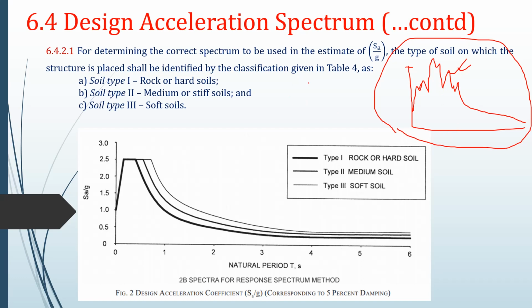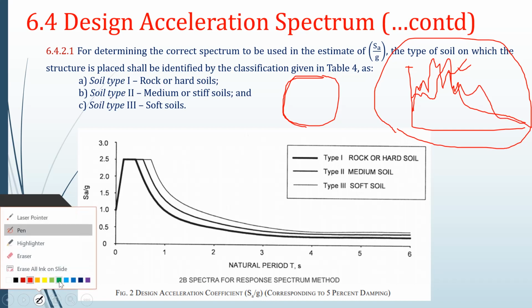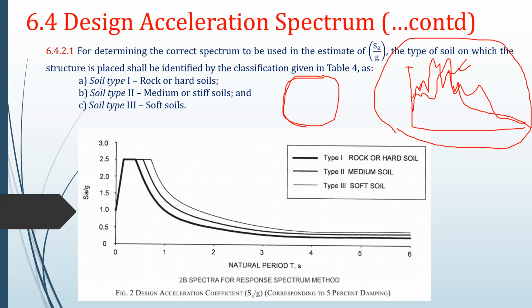For example, if we have one site here and we calculate the response spectrum for this same site due to another earthquake, then we may get something like this. Or if we consider a third earthquake and again draw a response spectrum, then we may get something like this. So the response spectrum at our site differs for different past earthquakes or past ground excitations.